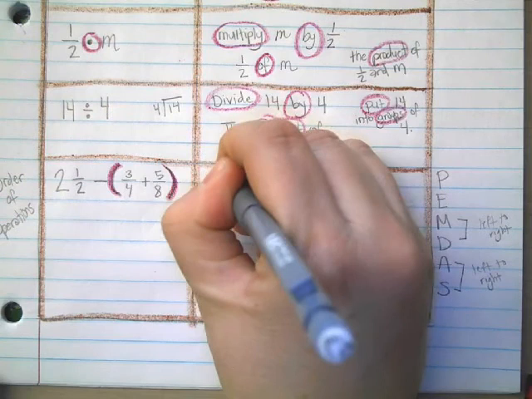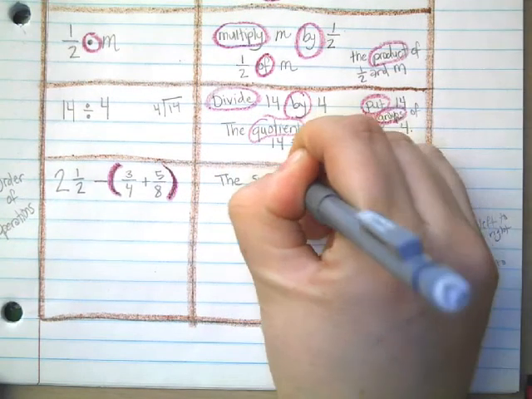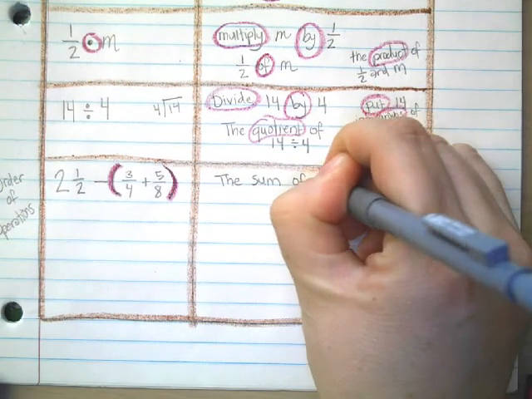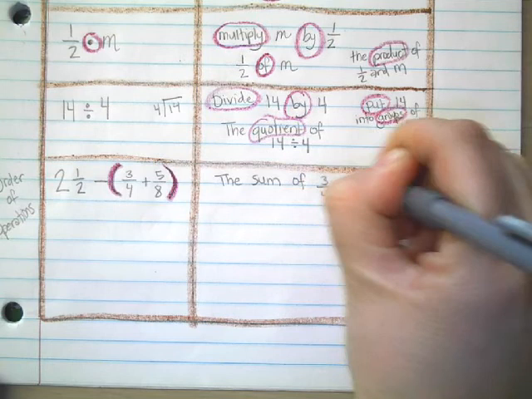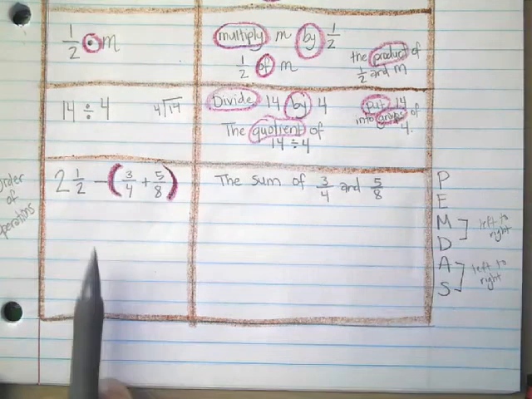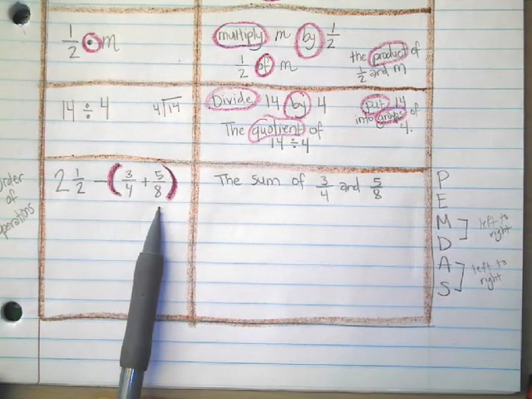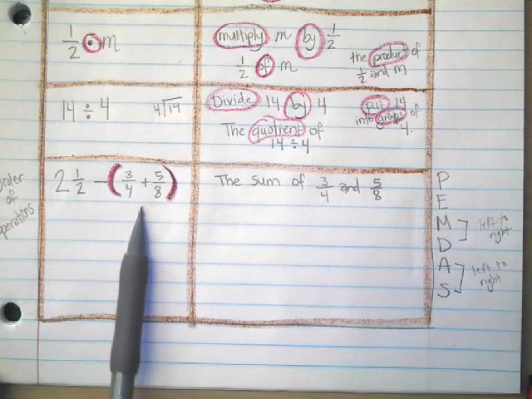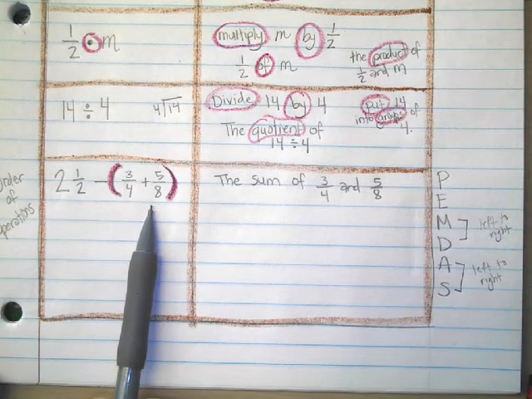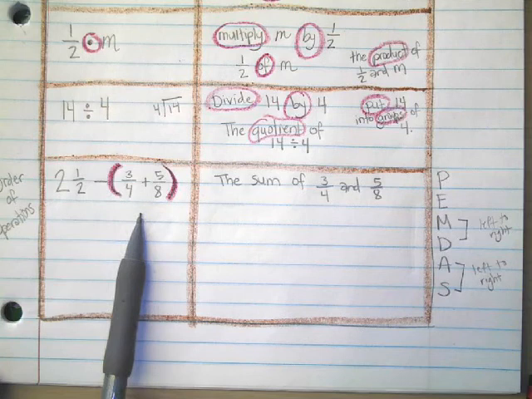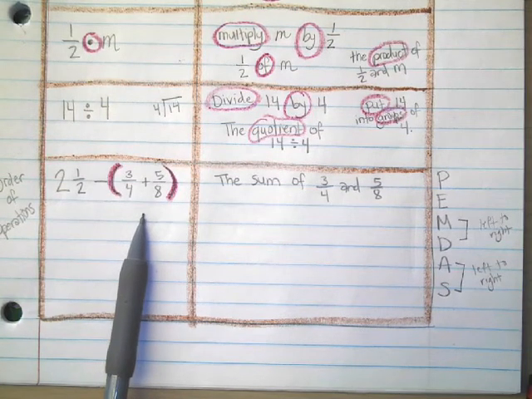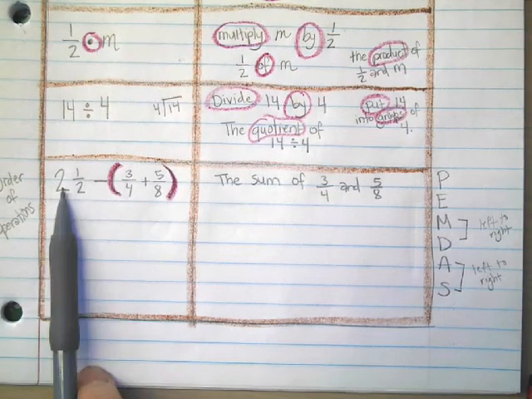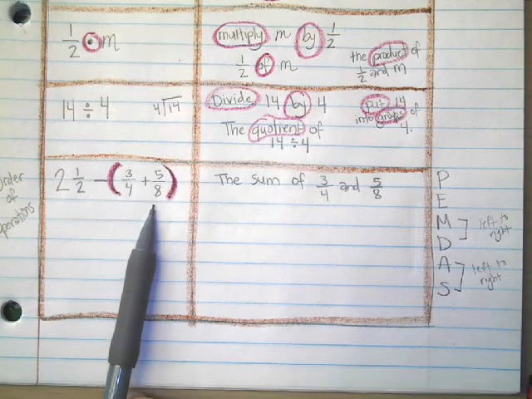So you would say the sum of 3/4 and 5/8. The sum of 3/4 and 5/8. What am I going to do with that sum once I get it? I'm going to do 2.5 minus whatever that was, right?